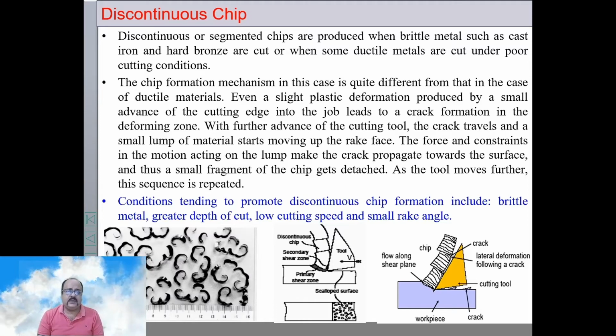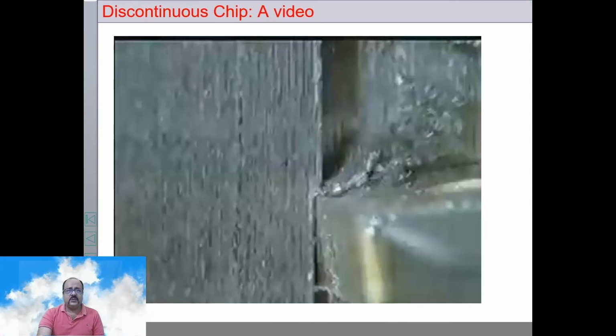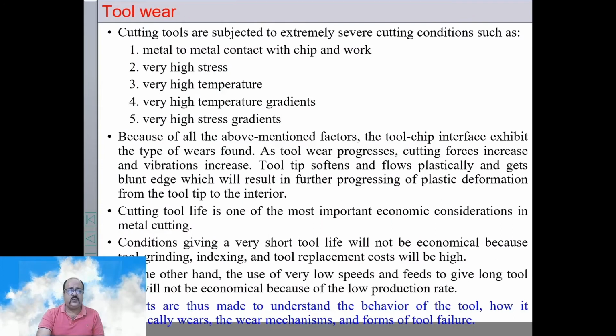Now this will happen in the case of brittle material and under conditions like greater depth of cut, low cutting speed, small rake angle. So these are discontinuous chips. So these are the three basic types of chips that I have discussed. So with this, we'll move on to tool wear.